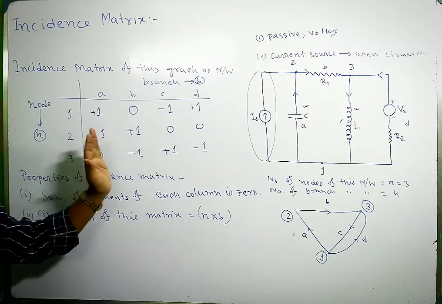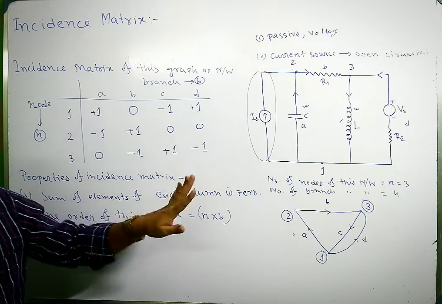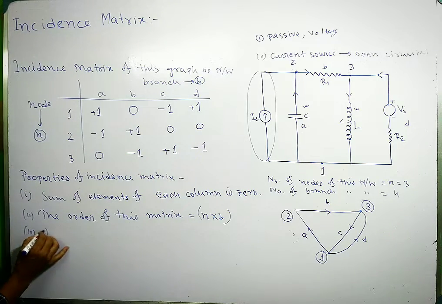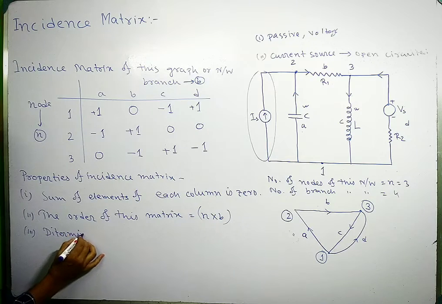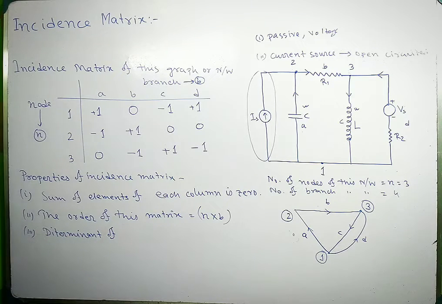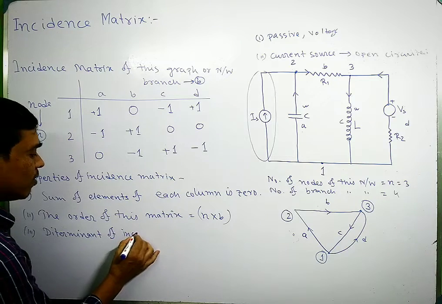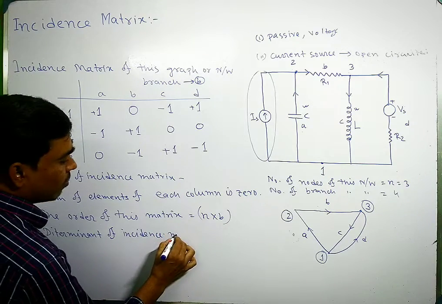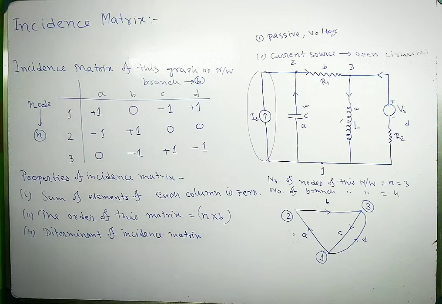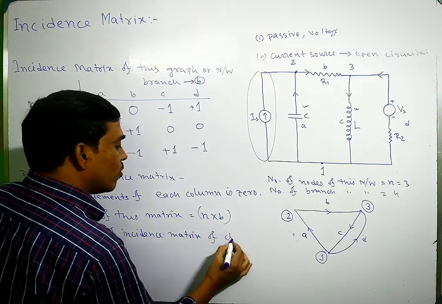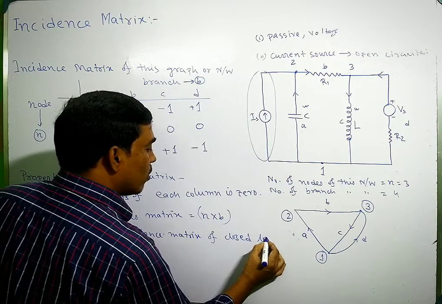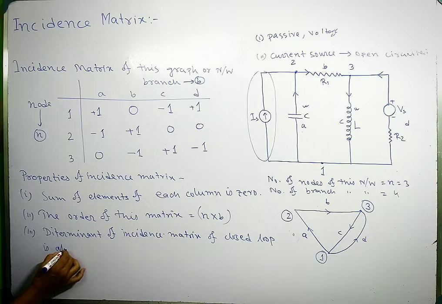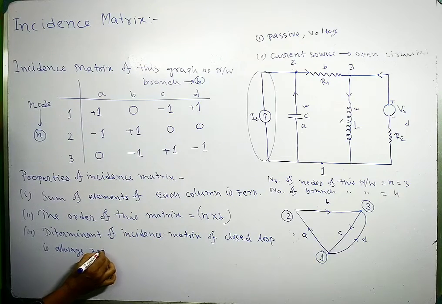So the determinant of the incidence matrix of a closed loop is always 0.